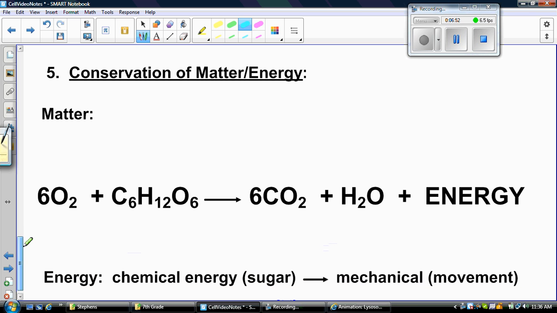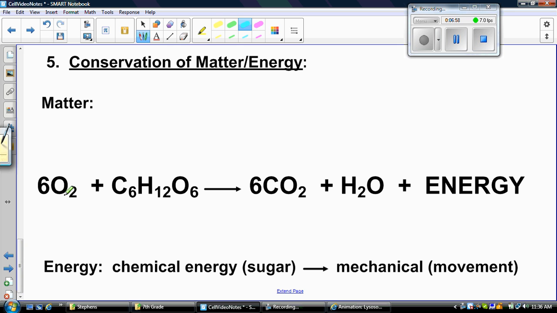Again, we have the law of conservation of matter. If you look, we now have this balanced equation, and it looks very similar to the balanced equation of photosynthesis, except it's reversed. So again, we start off with 6 carbon atoms. Because we can't create matter, those 6 carbon atoms have to be over here on this side of the equation with the products.